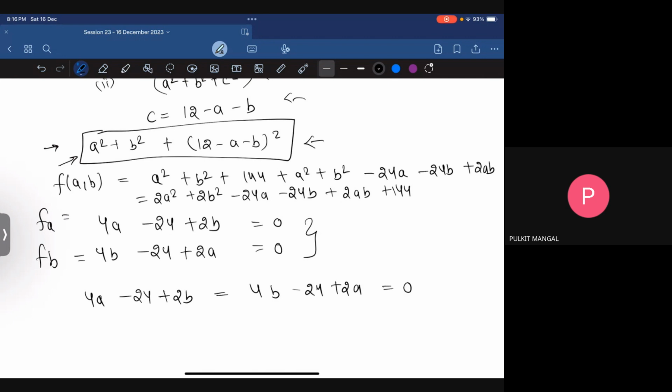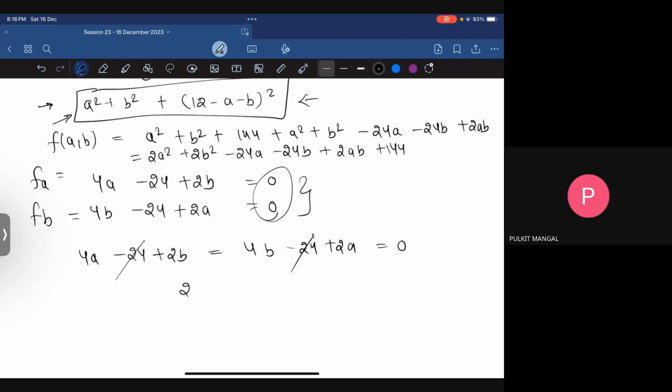Their RHS is the same, so I have equated their LHS. This 24 will cancel out, and you will get 4a minus 2a and 4b minus 2b, that is 2a equal to 2b, which basically means a equal to b.